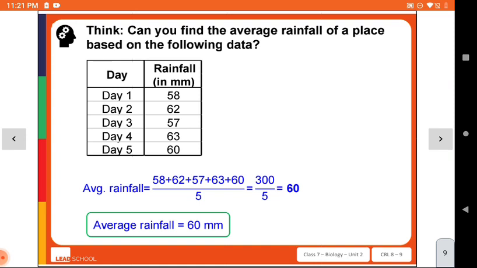Similarly, average rainfall depends upon all 5 days; the total is divided by 5, giving 60 mm. So students, that is the main factor in how climate is recorded.